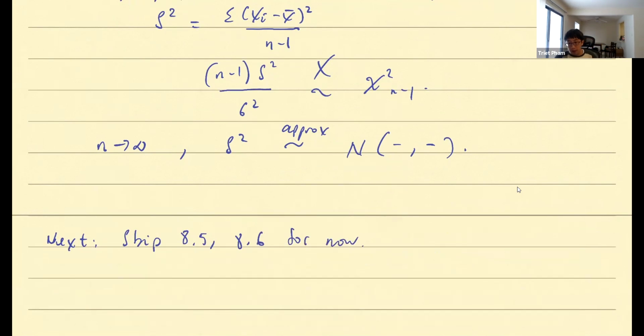The reason for this is they discuss the T and the F distribution. Of course, if you are anywhere near statistics, you know that these are very, very important distributions. But the reason why I skip them for now is because I think the theme where they belong is for confidence intervals and tests, which comes later. If I discuss them now, it's just going to be more like a theoretical discussion on probability without the statistical motivation.